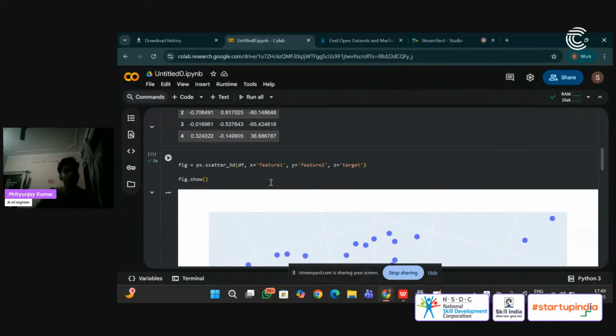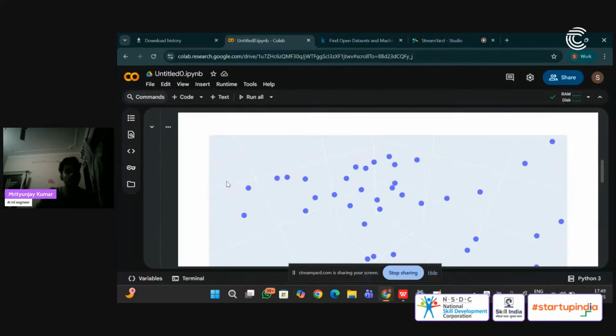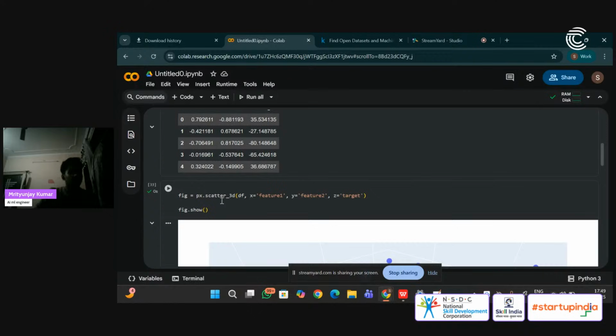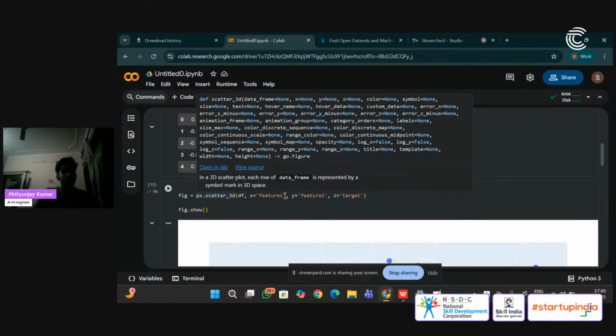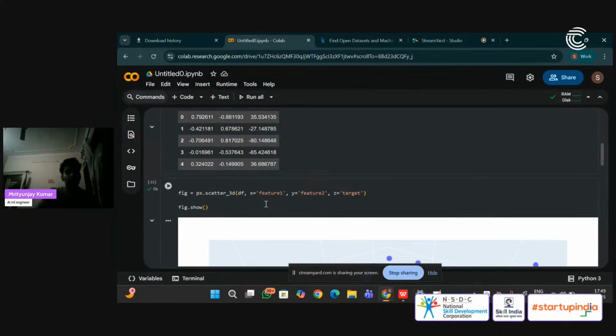Then I used px, which is nothing but plotly.express. From that library I'm using plotly 3D. It shows feature one, feature two and the target value in the graph.